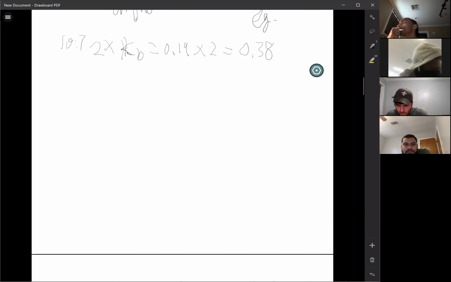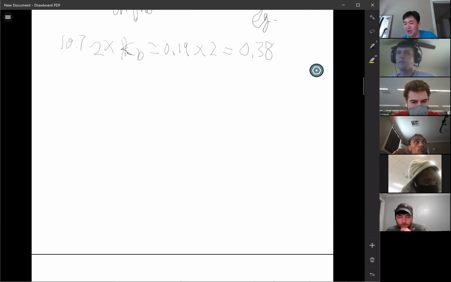The sharper turn gives you more losses, right? Is that common sense? Because you are directly hitting it, you suddenly turn, so there is a lot of turbulence in the corner. So, with a more gradual change, the smaller R over D is, the smaller the K is. Smaller K means smaller loss.